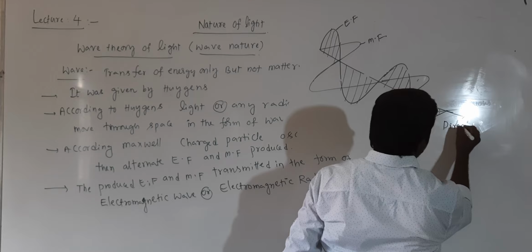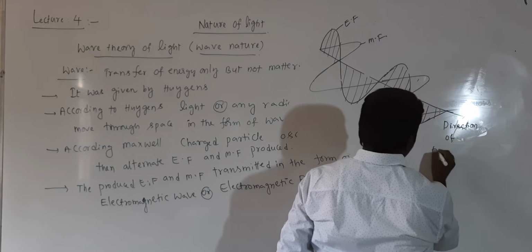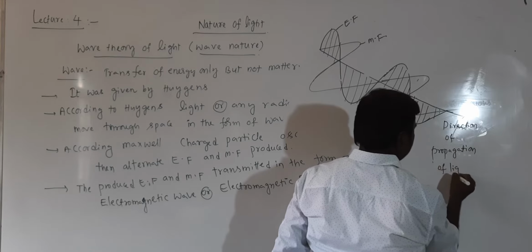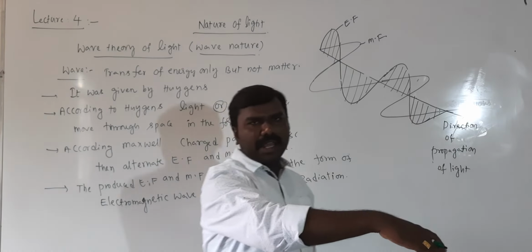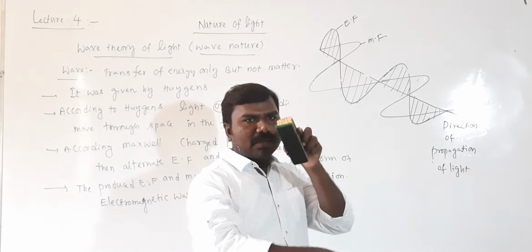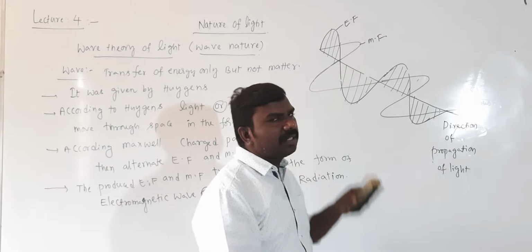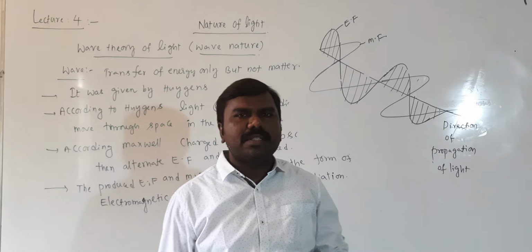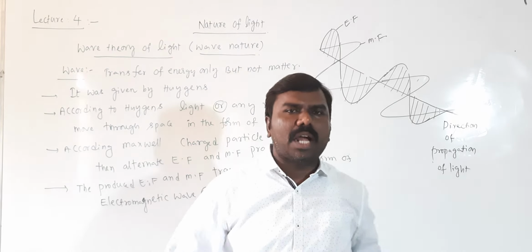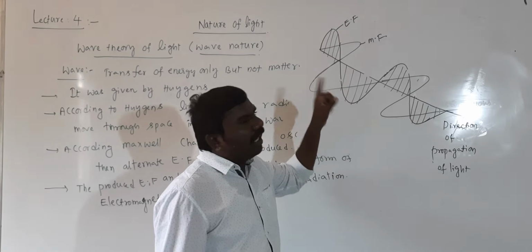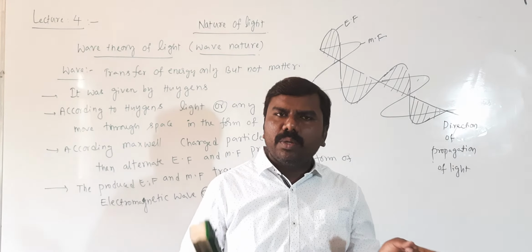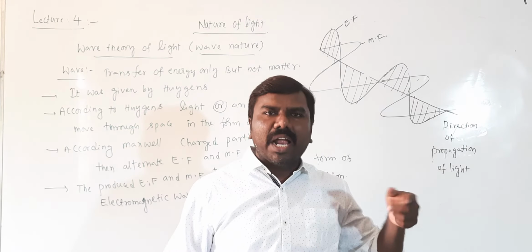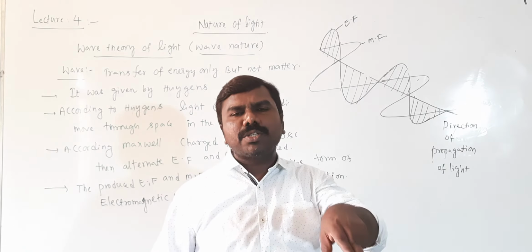It is the direction of propagation of light. It means light travels in that direction. To that direction also, these two fields are perpendicular. The electrical and magnetic fields are perpendicular to each other, and these two fields are again perpendicular to the direction of propagation of light.